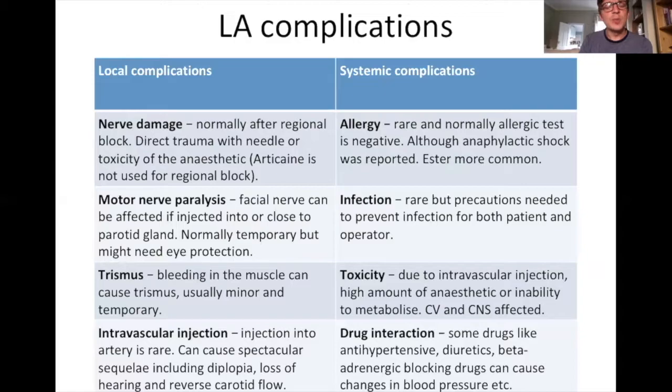And those are some of the complications of local anesthetic. I haven't witnessed all of them myself, but nerve damage is very rare, and it can happen with Lidocaine as well. I mean, all local anesthetics are neurotoxic. We had patients who had nerve damage after a Lidocaine injection, and it was an infiltration, and they had a region of numbness.